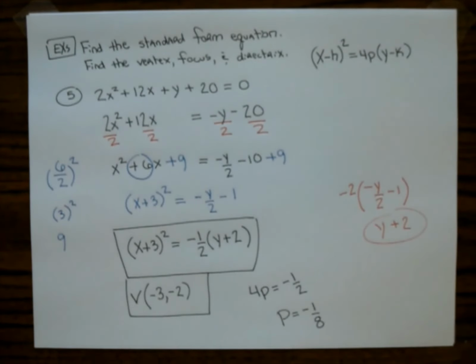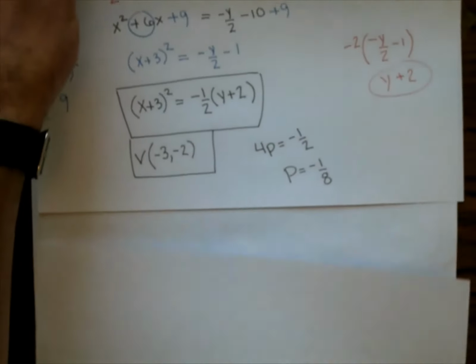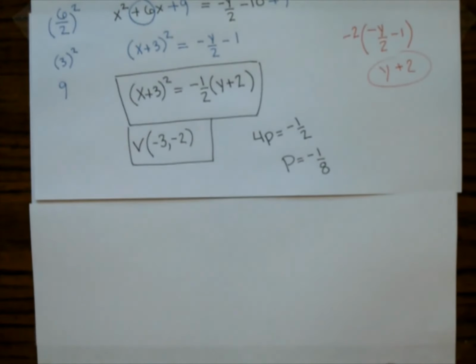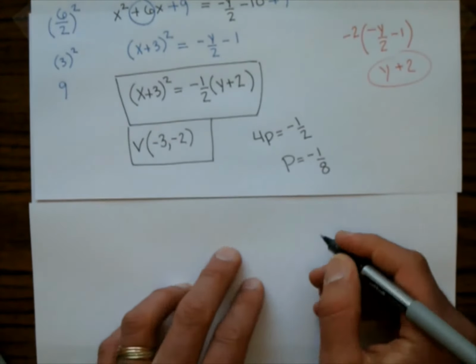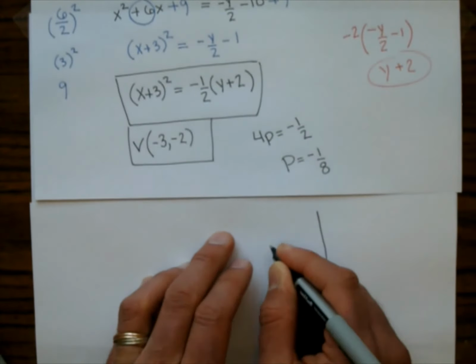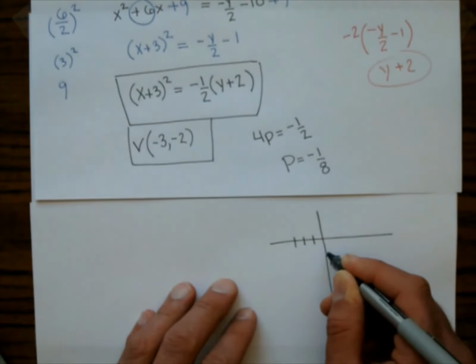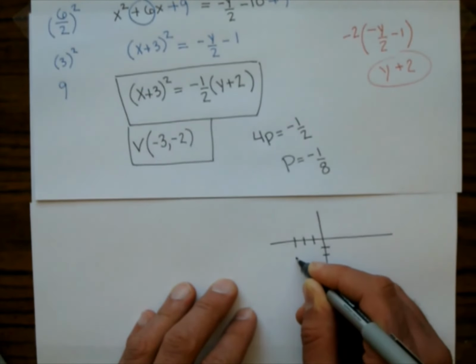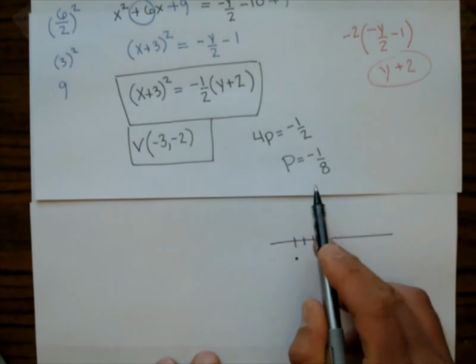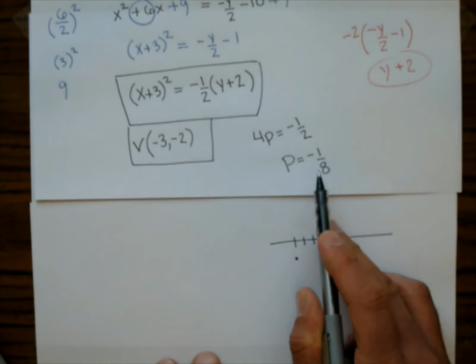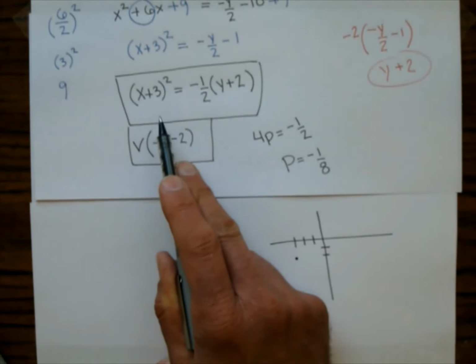Okay, what are we going to do about that? I'm going to draw a really crude drawing here. The vertex is right here, negative 3, negative 2. And we have p is negative 1/8. We know this parabola is going to open down.